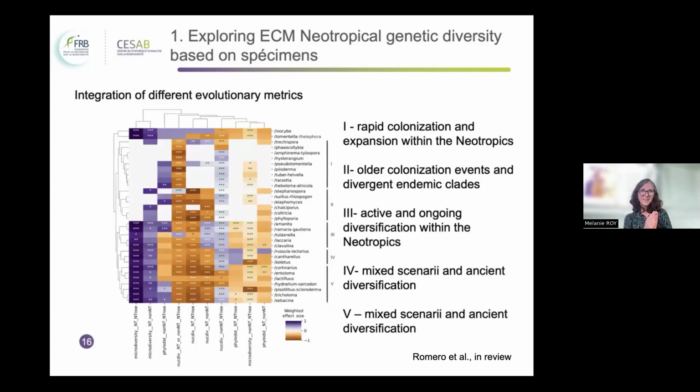To summarize this part, we can cluster and detect 5 patterns of colonization and radiation in the neotropics. The most common case is a rapid colonization and expansion in the neotropics, for example Tomentella and Inocybe, which just arrived and speciated recently.